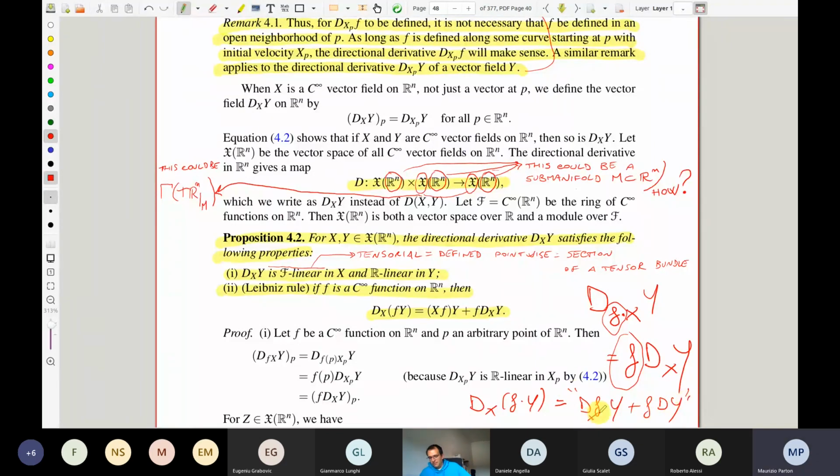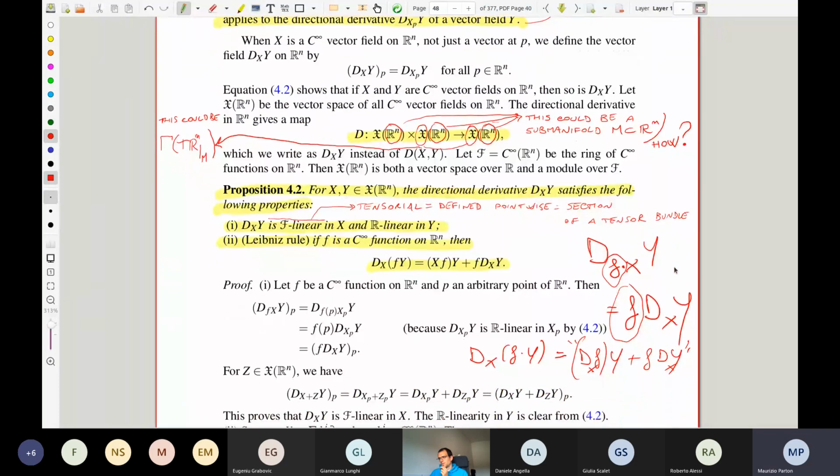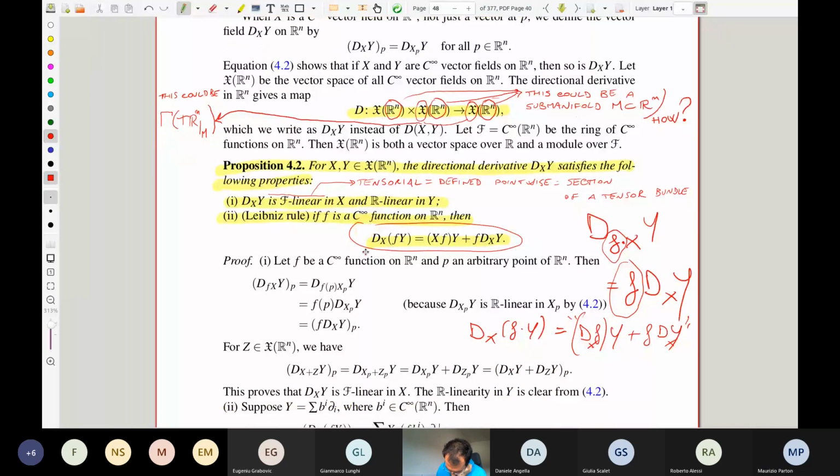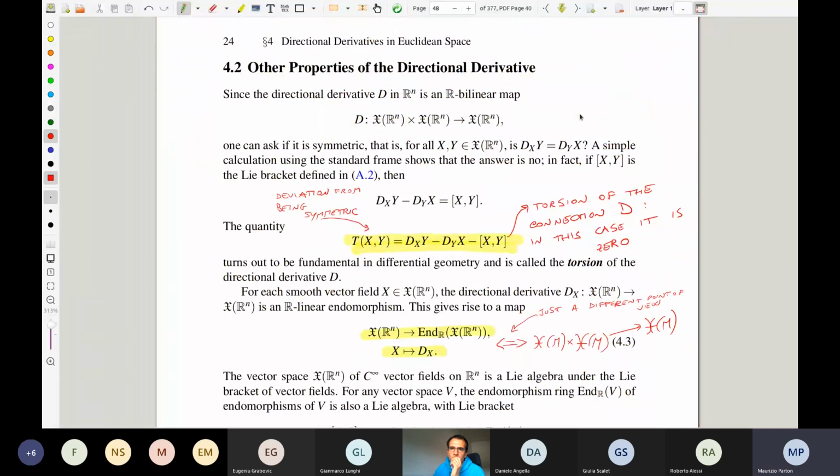Of course, here there is x, here there is x, and this is the formula, of course, with parentheses here. So the linearity for C infinity functions is not always true. Oh yes, this is the formula I was referring to. Okay, let's finish this part and then we can take a pause.